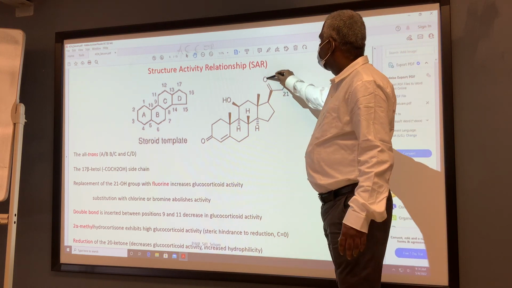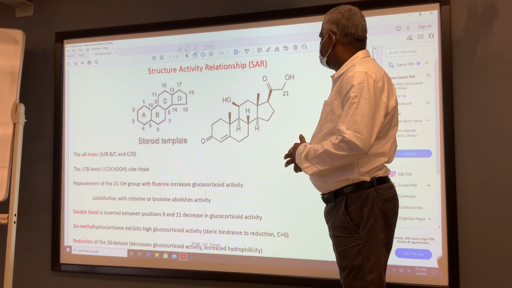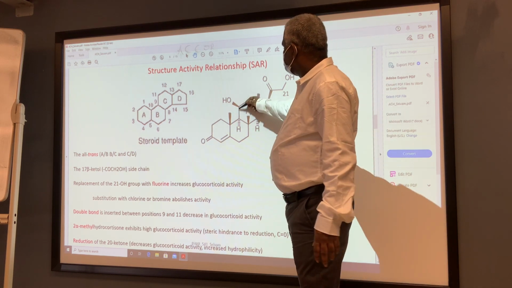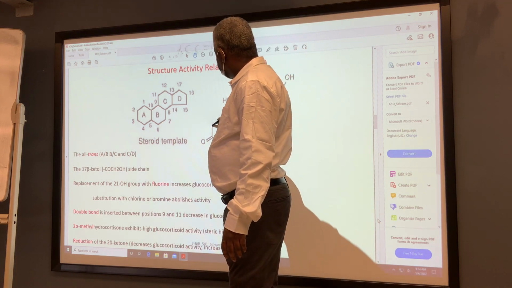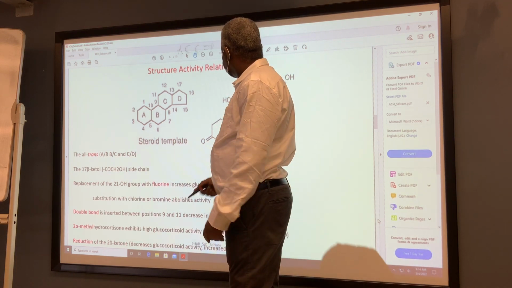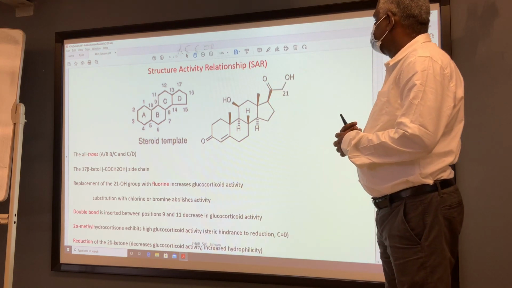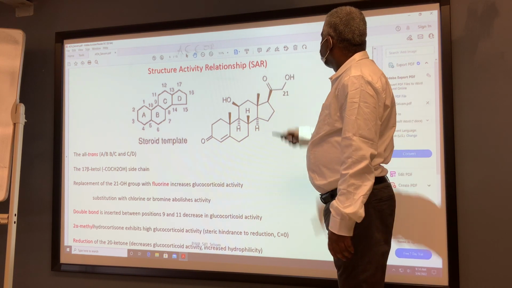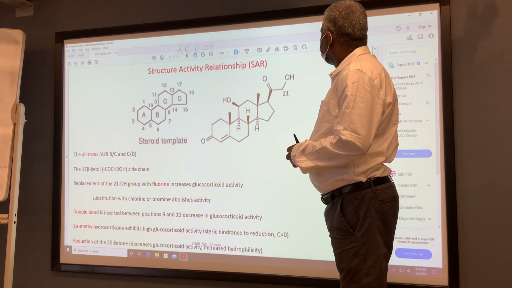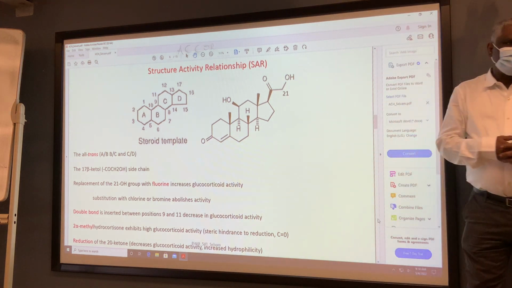So when you change the keto to hydroxyl at carbon number 20, the activity decreases. The double bond at 9-11, activity decreases, and the alpha methyl at carbon number 2 slows down the metabolism, which increases the activity, and change of the hydroxyl with fluorine increases activity, and chlorine and bromine substitutions decrease the activity.